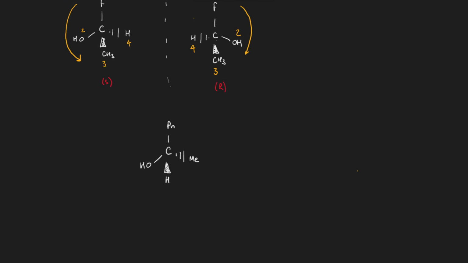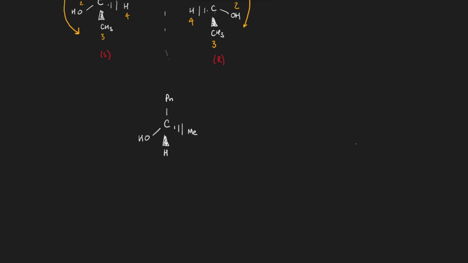Okay, well, now what's our highest priority group here? Obviously the oxygen. Then our phenyl, our methyl, and then our hydrogen. So our hydrogen's in the back here. So it looks like we're moving in a clockwise rotation. So you would automatically give that R assignment.